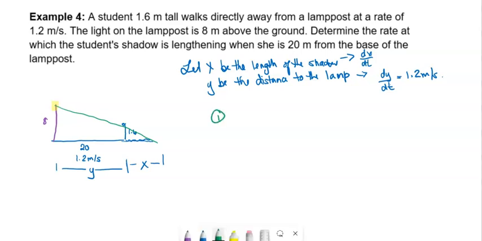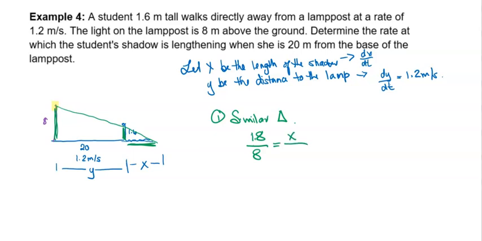Okay, so let's think about what we know about similar triangles. So this is where I'm figuring out what formulas I want to know. I know that in a similar triangle, 1.6, this distance here, is related to this back distance here in the same way that x is related to x plus y.